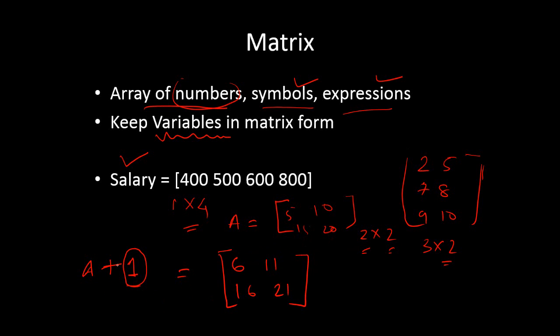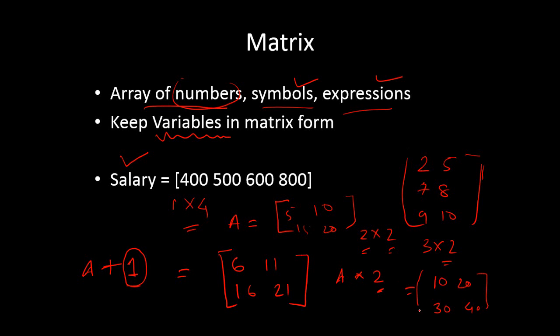Similarly, we can also multiply a number or a scalar to a matrix. Say we want to multiply A by 2. So 2 is a scalar and A is a matrix, and we are multiplying. So what will be the result? 10, 20, 30, 40, right?